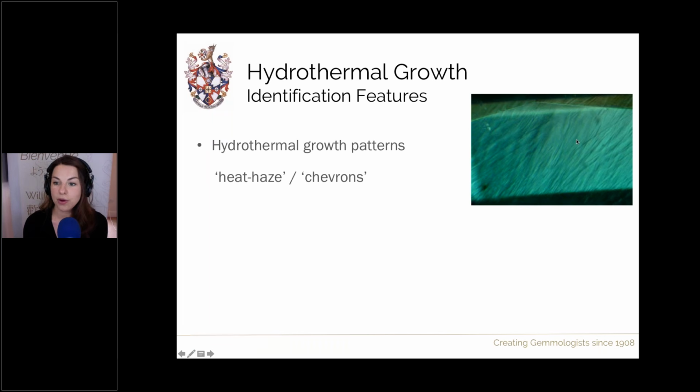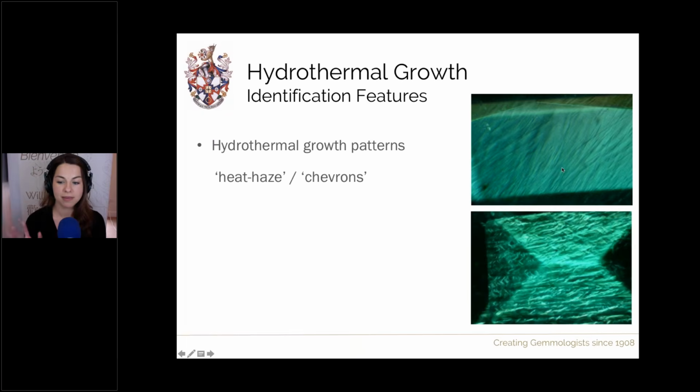This hydrothermal growth pattern looks, well, like water can look. It has this watery heat haze or chevron appearance to it. Sometimes this can appear quite calm, like in this picture here, or it can be a bit more ferocious, like in this picture just here. You can see these chevron-like appearances here, which is why it's sometimes called chevrons.